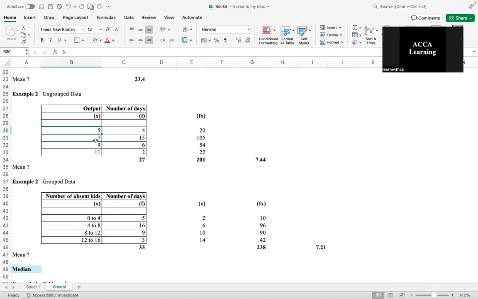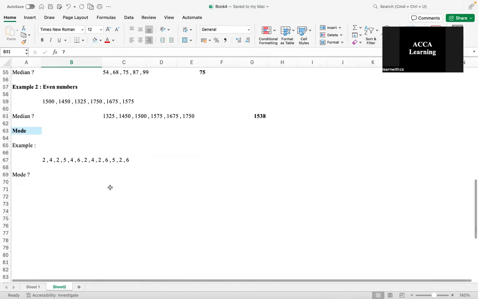So the output of 5 occurs for 4 days. The output of 7 occurs for 15 days. So that is your frequency. What mode is trying to say is the maximum number of times, the maximum number of days a particular event or value is occurring, that is your mode.